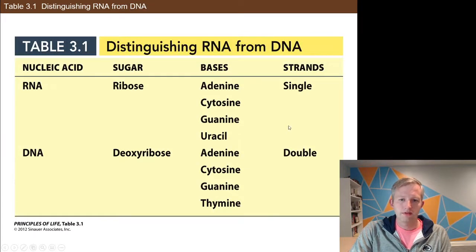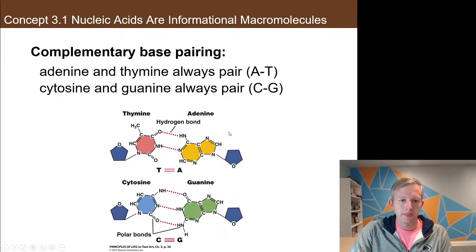We'll save that for later on. I would say it's just good biological knowledge to understand some broad differences between RNA and DNA in terms of what the bases are. RNA is also a single strand, where DNA is a double strand, that double helix, and then the sugar is different as well.